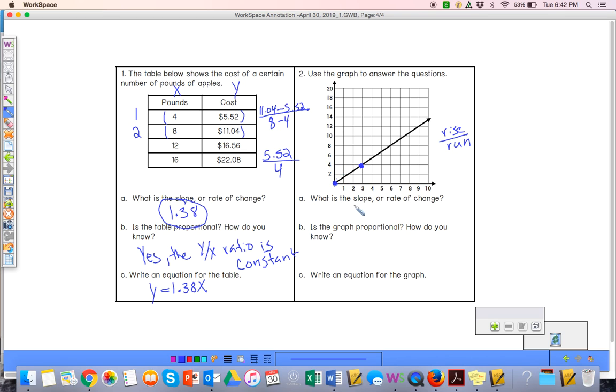Our run is 3. It says, is the graph proportional? How do you know? So we're going to say yes. It's a straight line that goes through the origin.